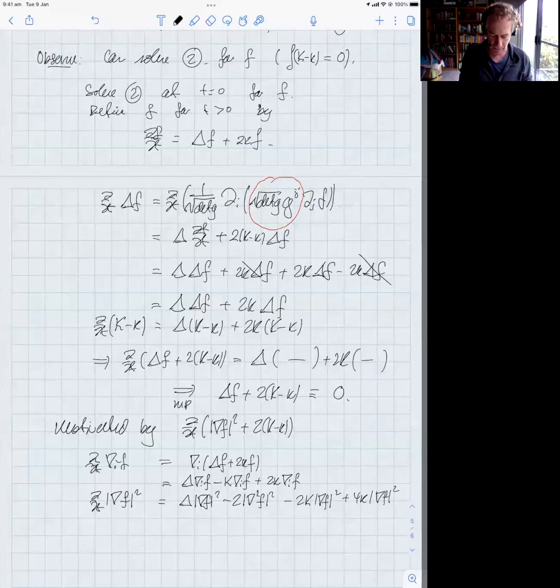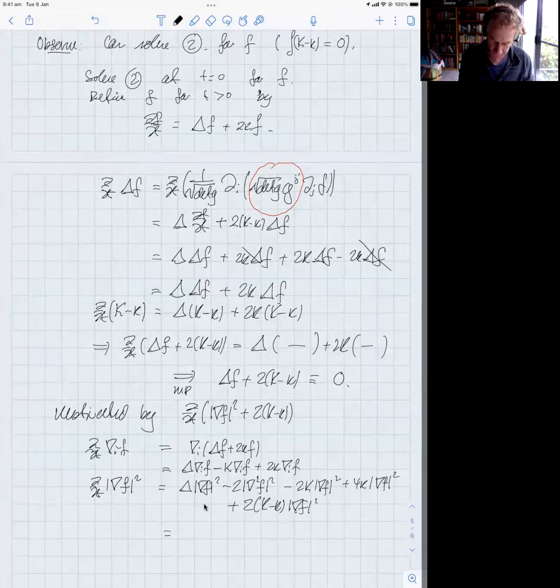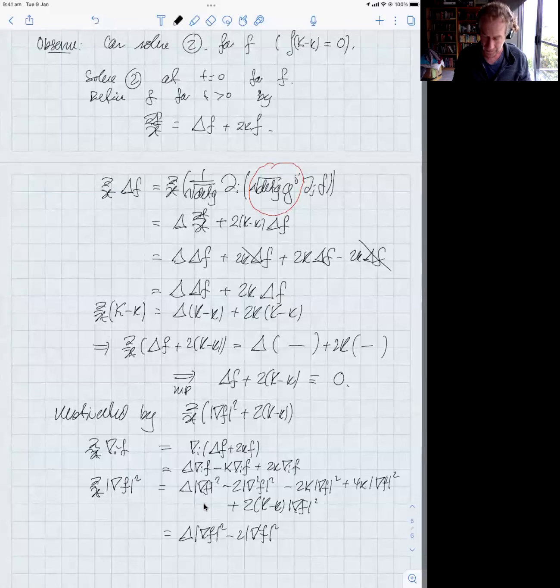And then I'll get another term because in this gradient f squared I've got a g inverse ij up here. So that will give me a plus 2(k minus kappa) gradient f squared. Okay, so what I end up with is this: gradient f squared, and I get minus twice the Hessian, and just plus 2 kappa gradient f squared.